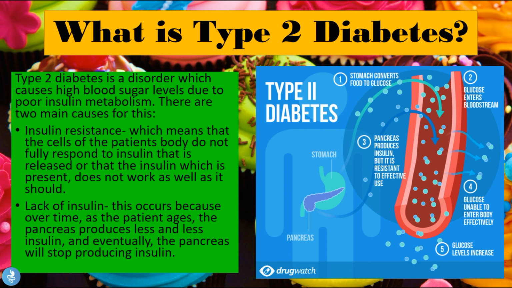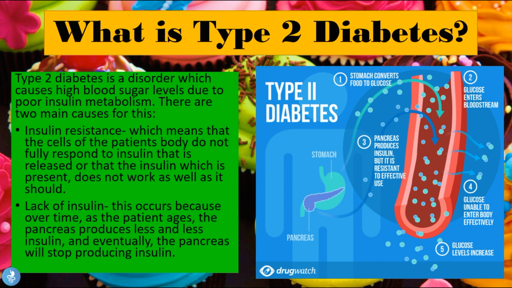Firstly, we have insulin resistance, which means that the cells of the patient's body do not fully respond to the insulin that is released, or that the insulin which is present doesn't work as effectively or as well as it should. And the second cause could be the lack of insulin, and this may occur because over time, as the patient ages, the pancreas produces less and less insulin, and eventually the pancreas will stop producing insulin as time goes by.